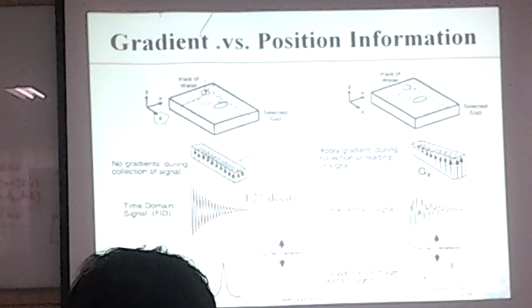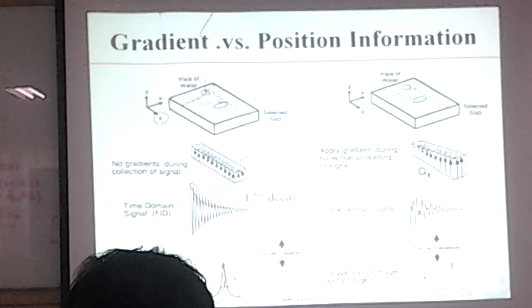The width of this spectrum depends on how fast the signal decays. For slow decay, the peak becomes sharp, but for fast decay, the spectrum width is wider. So the shape of the spectrum depends on the decay of the FID signal.